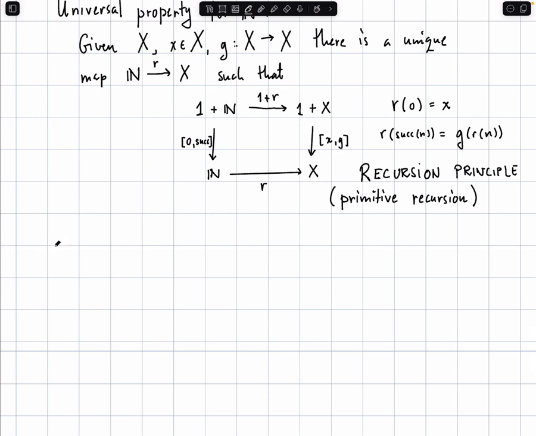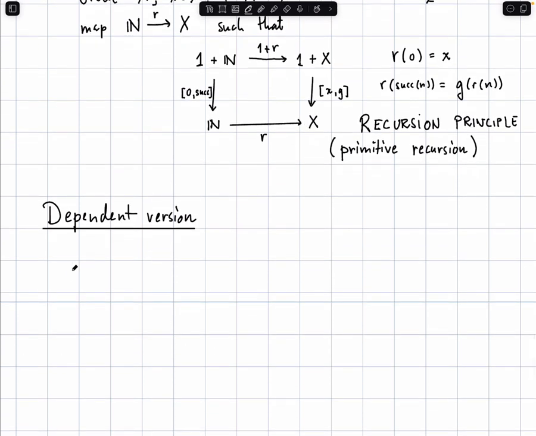Well, the dependent version would mean that I want R to be a dependent map. But then X has to be a family.